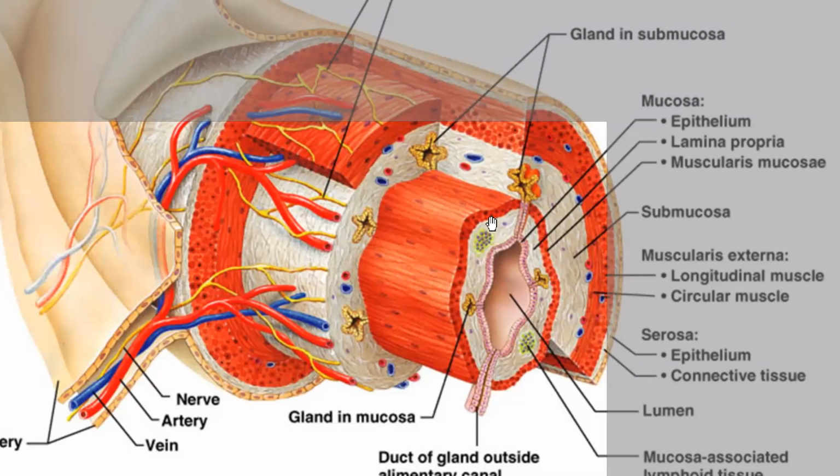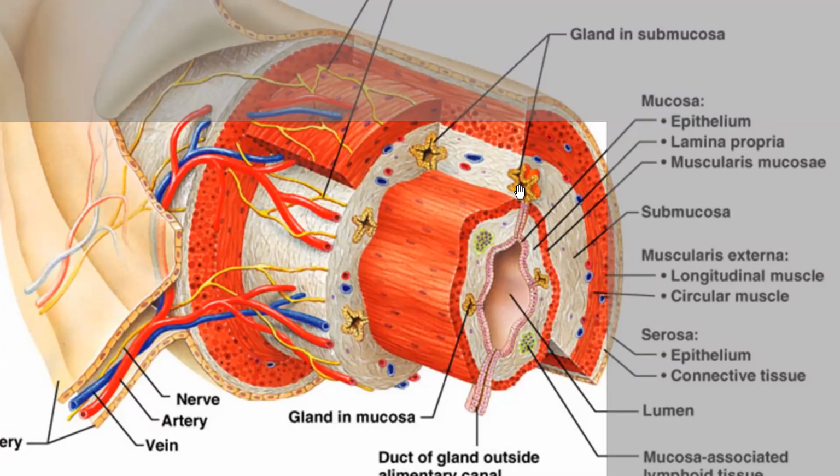Outside of mucosa is another connective tissue layer. This is called the submucosa. If you see this extension structure from the epithelial cells here, this extending part actually goes deep into the submucosa layer, to form another type of gland.